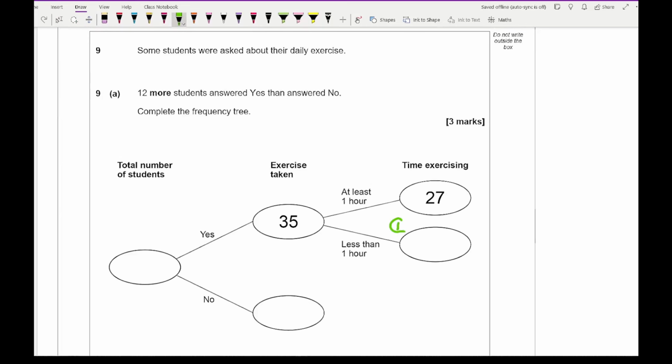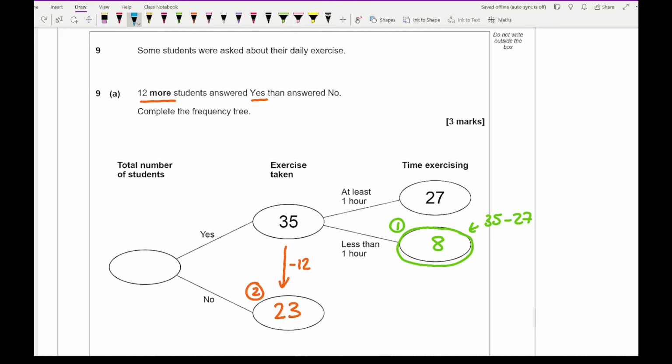So the first box we're going to complete, the first sort of ellipse, is this one here, and that is going to be done by doing 35 take away 27, which gives me an answer of 8. Then from this statement it says 12 more students answered yes, so if I take away 12 from 35 I get an answer of 23. So that's the second one I've completed.